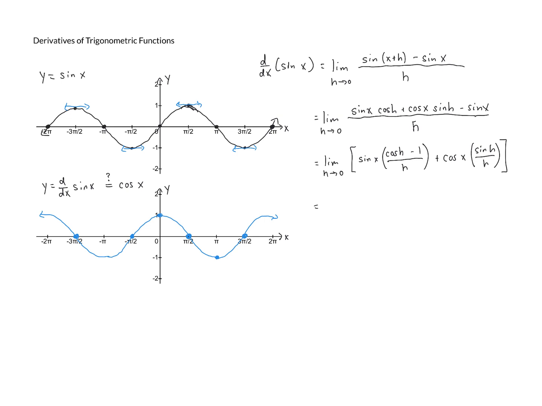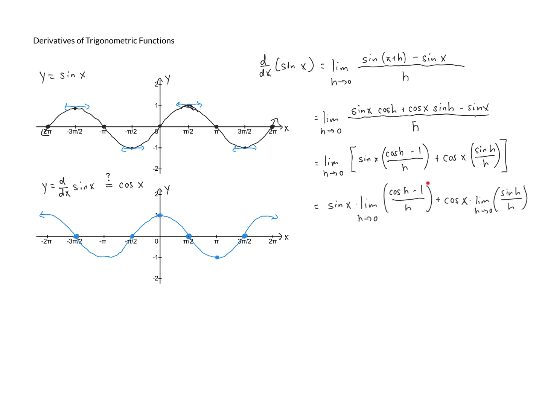So when we split this into two limits and pull out the sine of x and cosine of x, we have sine of x times the limit as h approaches 0 of cosine of h minus 1 over h plus cosine of x times the limit as h approaches 0 of sine of h over h.